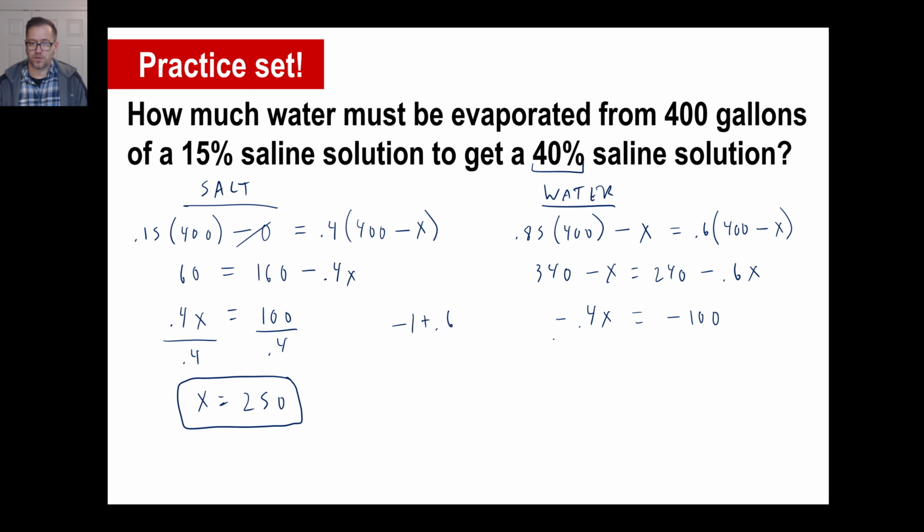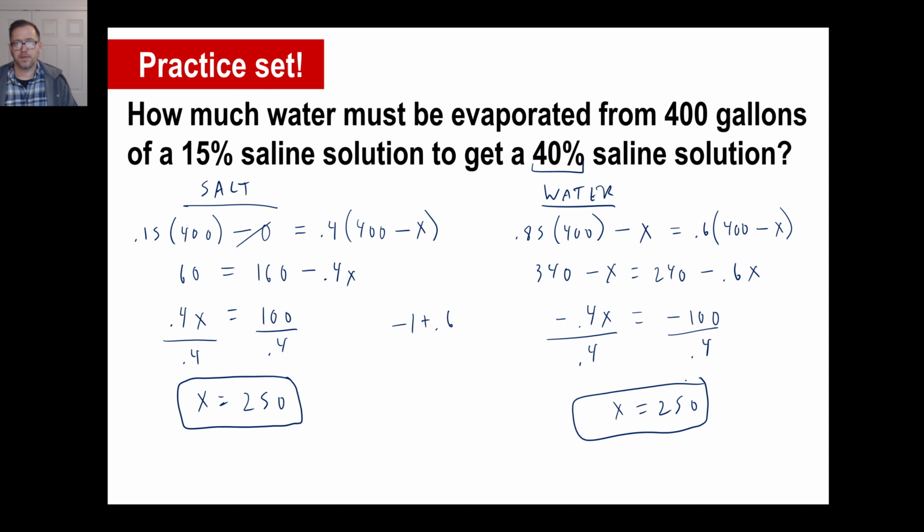And if you look at this, of course, you'll divide by 0.4 and divide by 0.4. If you notice, this is almost the same thing we had over to the left, except it's all negatives. But negative divided by negative is still a positive, and there we go. So that's also going to be 250 gallons.